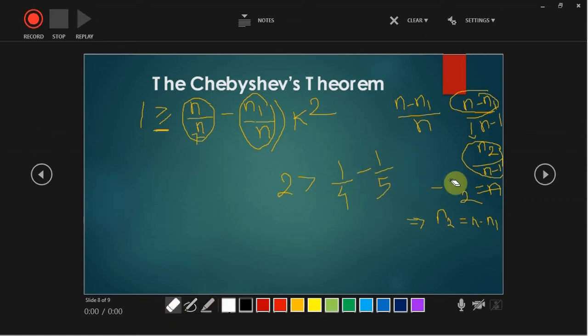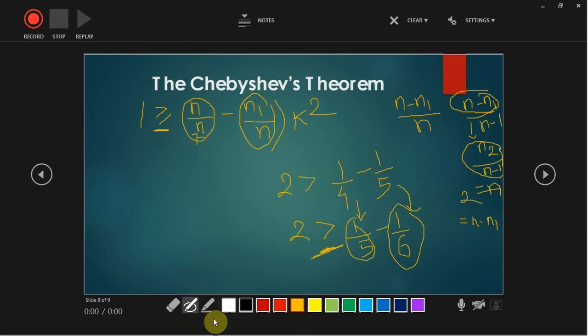Now what we can do is we can increase the number by 1: 2, 1 over 5 minus 1 over 6. Here 1 over 5 is smaller than this, 1 over 6 is smaller than this, so nothing happens to this greater than sign. So we have done the same thing here.